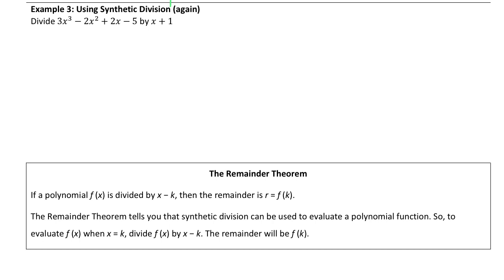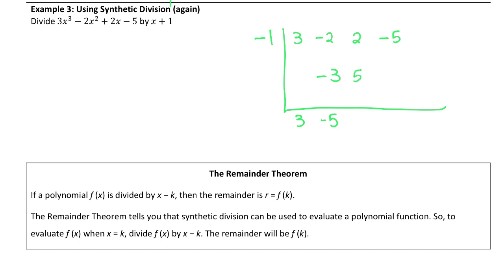So to go through this one pretty quick, to set it up, it's really the same, except since it's x plus 1, I'm going to use negative 1, and then I'm going to write out my coefficients. 3, negative 2, positive 2, and negative 5. Drop, multiply, add. Drop the 3, multiply negative 1 times 3 to get negative 3. This becomes negative 5.